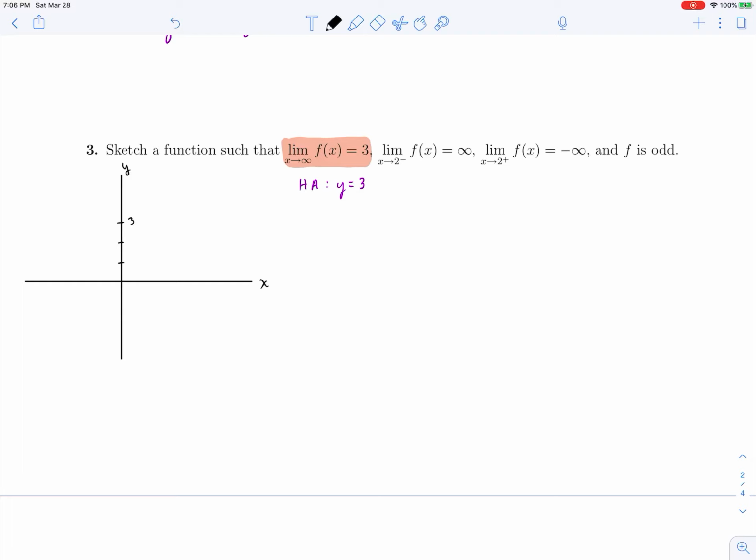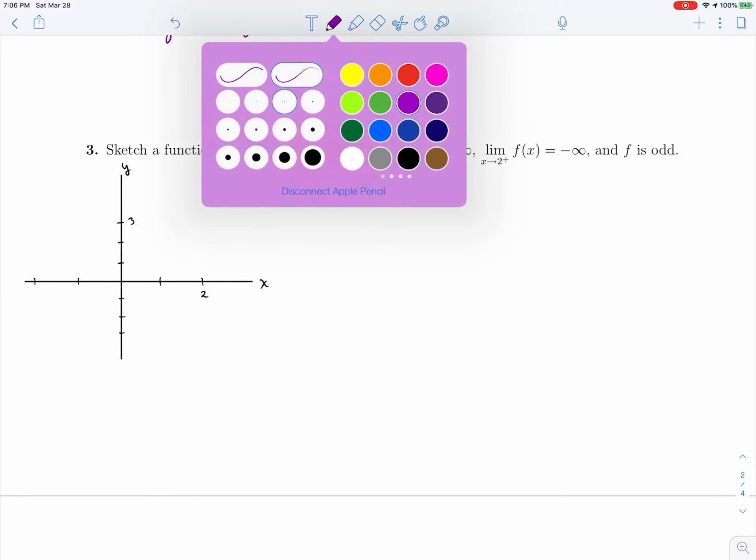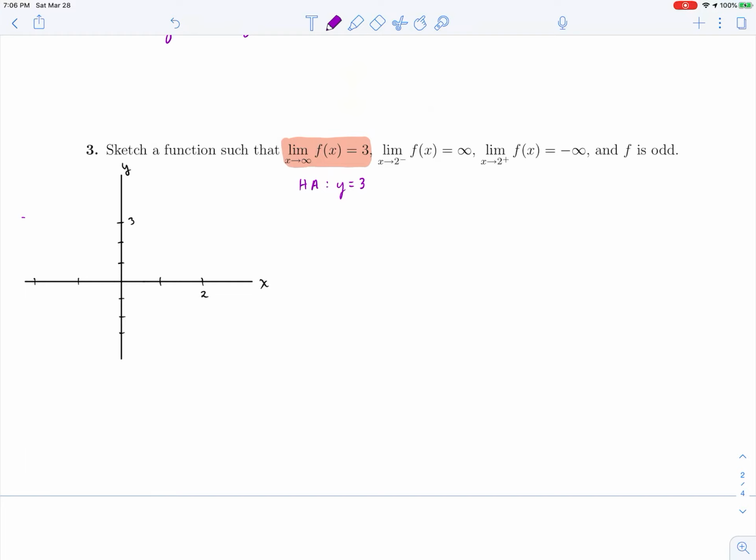I'll put that in a second, and put the scales in. Okay, so let's go ahead and put in the horizontal asymptote. We know that that's there.